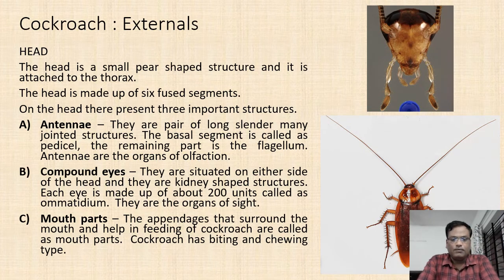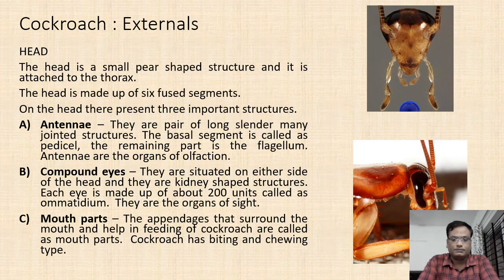Then you find one pair of compound eyes. Like all other insects, you find a pair of compound eyes on the side of the head. So you can see here, this is a kidney shaped compound eye of one side, and each compound eye is made up of around 200 ommatidia, and they are organs of sight.